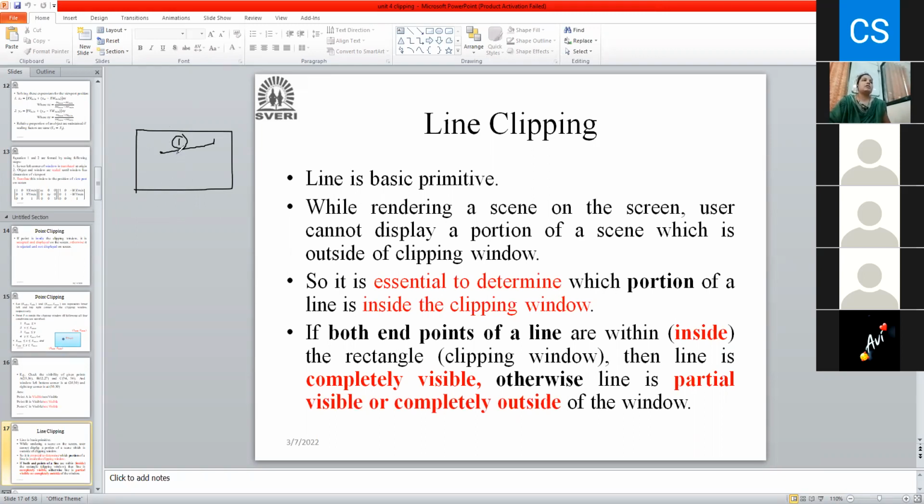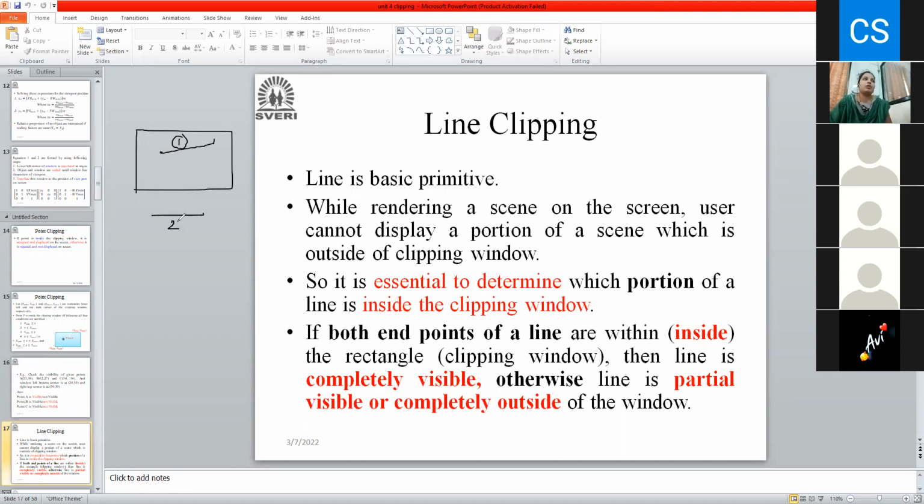Then the second is, if this condition is not true, that means if both the endpoints are not inside, then the line can be partially visible or completely invisible, that is completely outside. So the second portion is telling you that if this kind of line is there, with respect to the clipping window, both the endpoints are outside the clipping window.